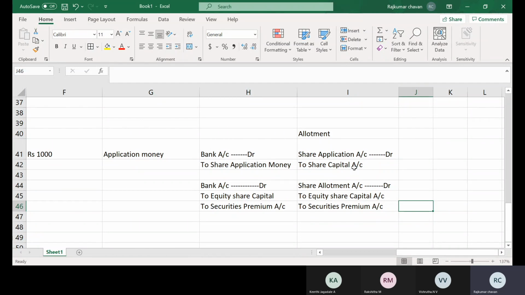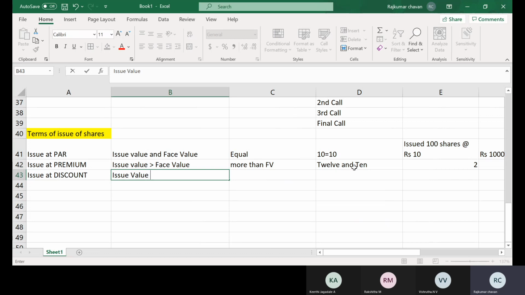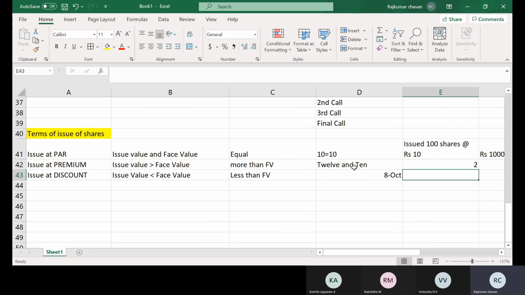Next, issue of shares at a discount. The issue value will be less than the face value. Let's say the face value is 10 rupees, but you issued at 8 rupees. So once again, 2 rupees is a loss for you.